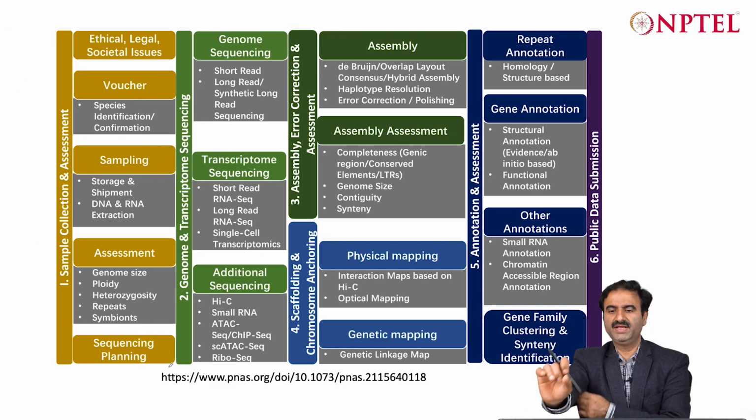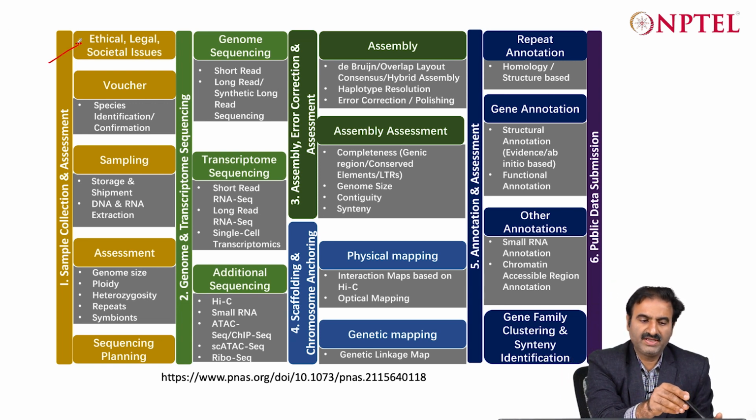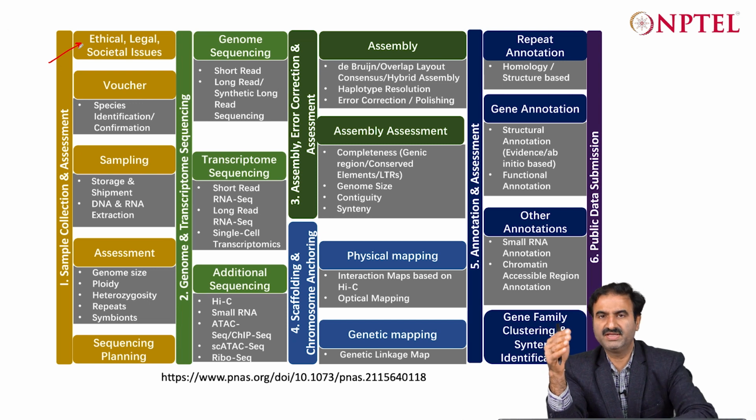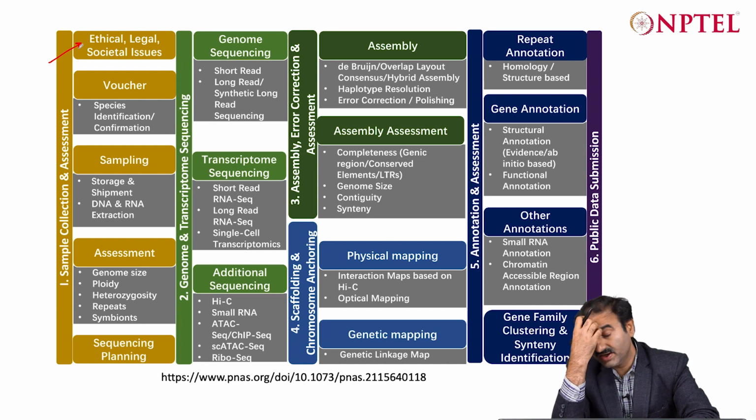So typically when you start, you have to get the genome approved by clearing all the ethical, legal and societal issues, because some genomes are highly protected genomes, endangered species, or you should not sacrifice an animal to do the genome sequencing, right? Even if that is desired or there is no option, you have to take proper approval before going for it, because ethical issues and legal issues are involved here, right?